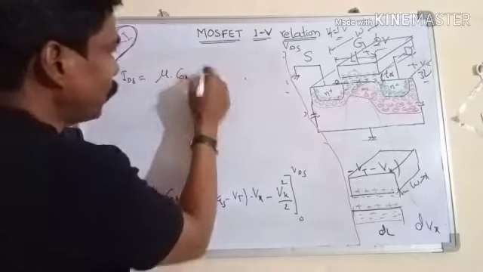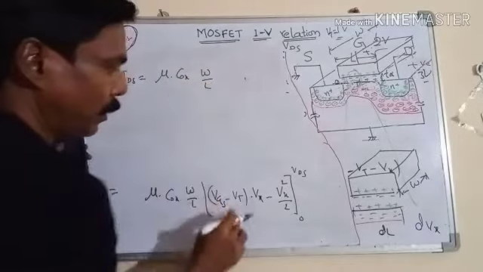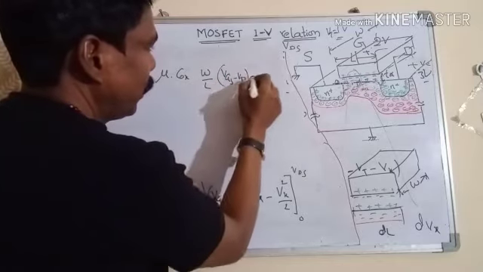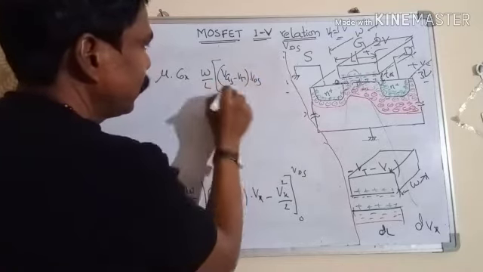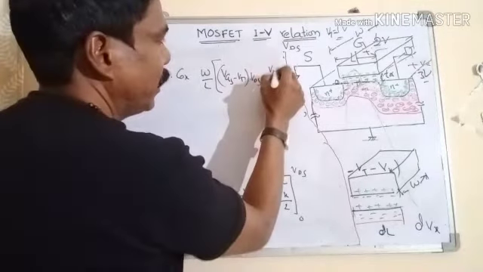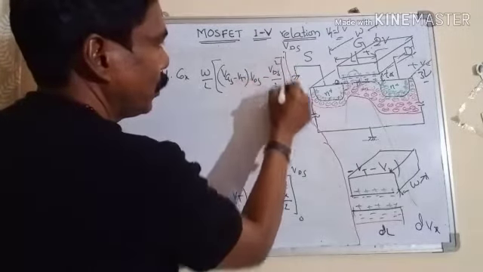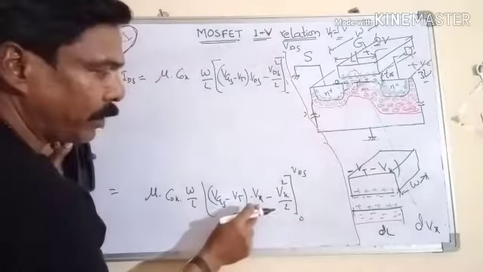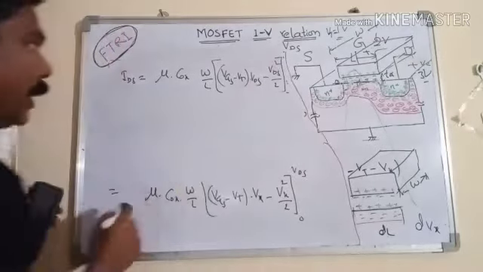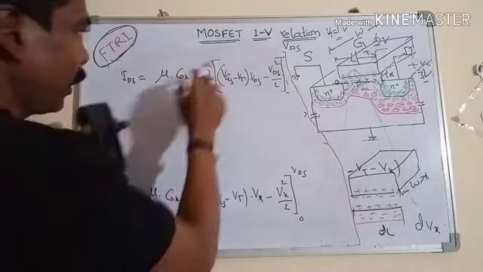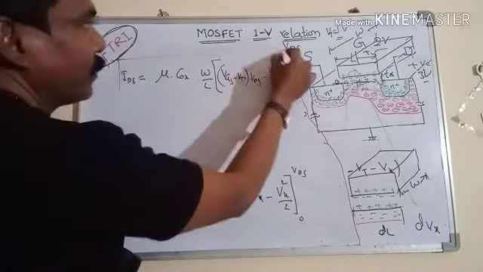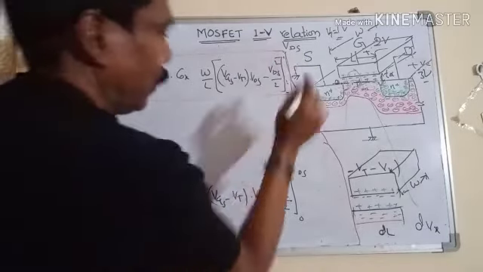Okay, mu Cox W upon L, Vgs minus Vt into VDS minus, when you replace with VDS here, VDS square upon 2. For the lower limit, when you replace Vx with 0, the term becomes 0, minus 0. Okay, I am not writing that. So this is the current equation. This is the drain to source current equation.